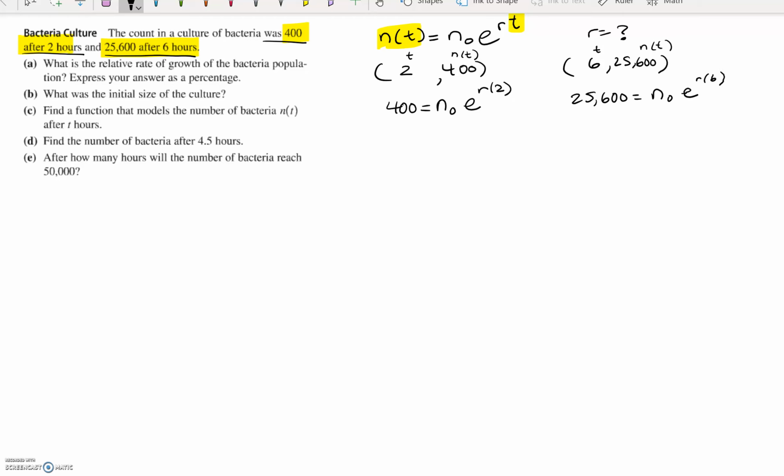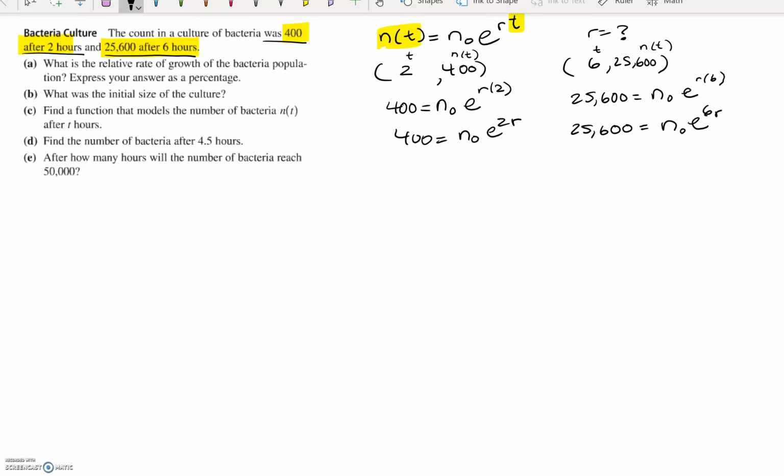So basically, I'm using the two ordered pairs on that growth model to figure out what my N naught and R are. I don't know what they are. So here's one equation: 400 equals N naught e to the 2R, and 25,600 equals N naught e to the 6R. So I have two unknowns, two equations. I should be able to solve that and be able to tell what the R is, the relative growth rate.